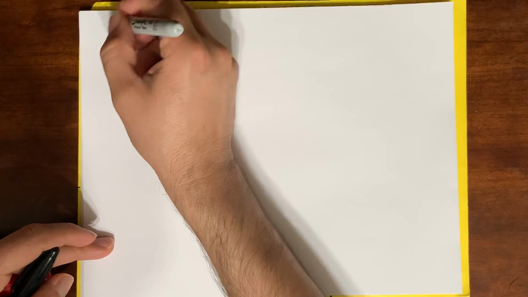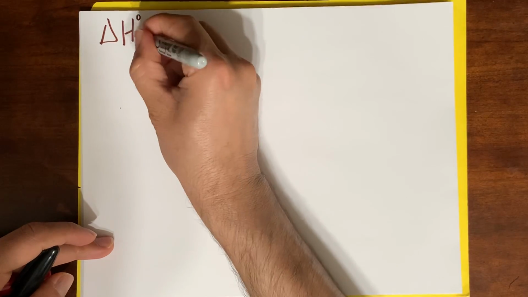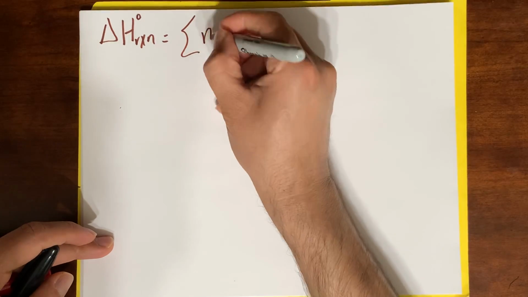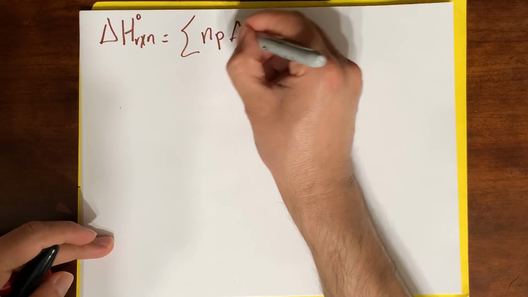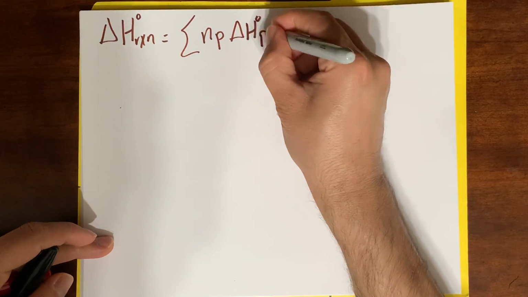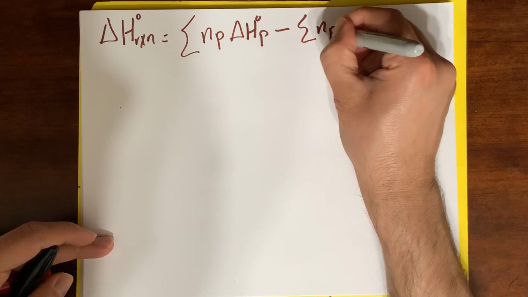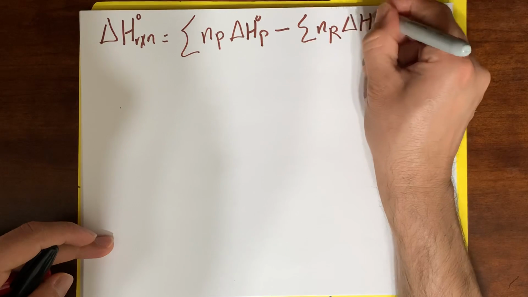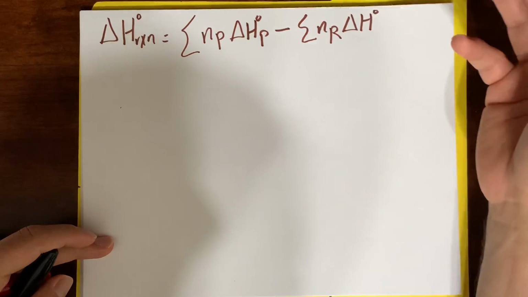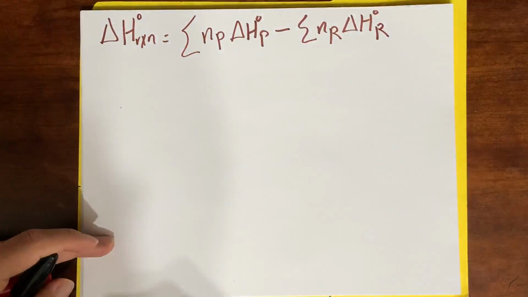So you can calculate delta H under standard condition through the number of moles of the product multiplied by delta H of the product under standard condition, minus the number of moles of the reactant multiplied by delta H of the reactant under standard condition.